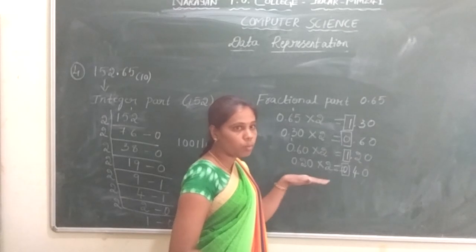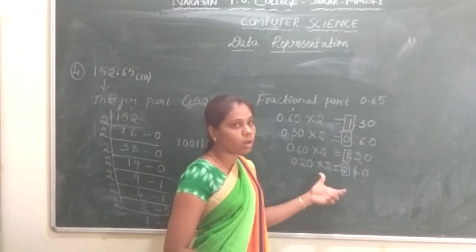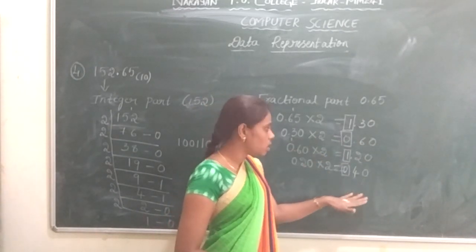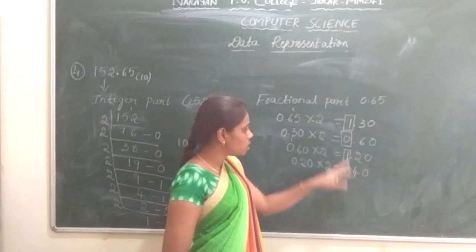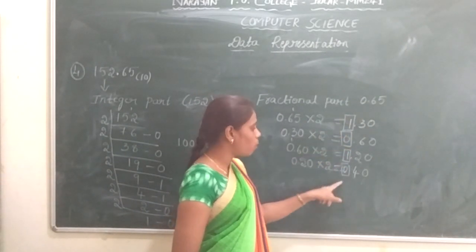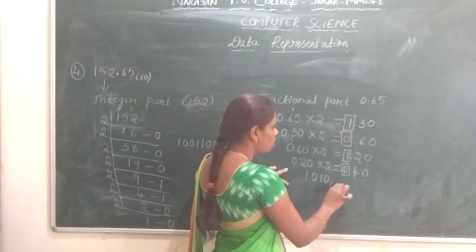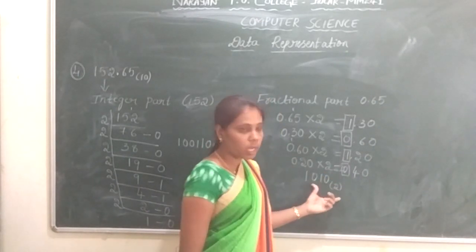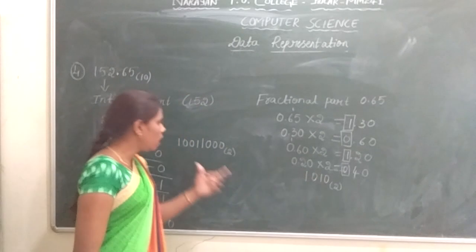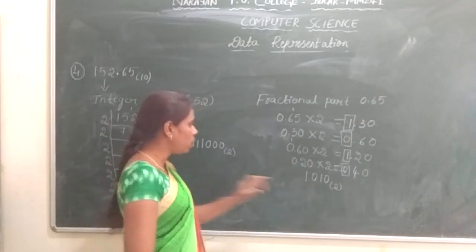So I will stop it here because in this problem we will not get the fractional part as 0. Now note down the digits from top to bottom, that is 1, 0, 1, 0. Now I will combine this integer part and fractional part together.